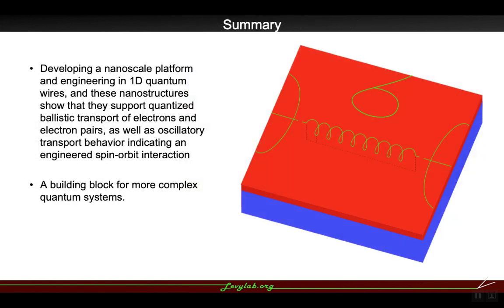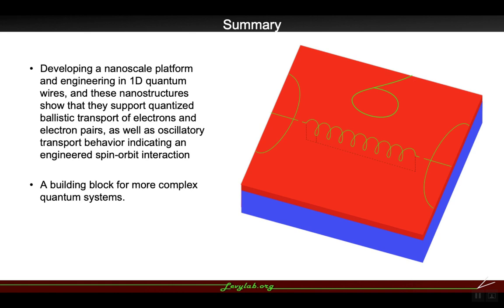In summary, we developed a nanoscale platform, and we write wires and do research on the transport properties of these nanostructures. We can see quantized ballistic transport properties, and also oscillation behaviors, which indicate spin-orbit interaction.